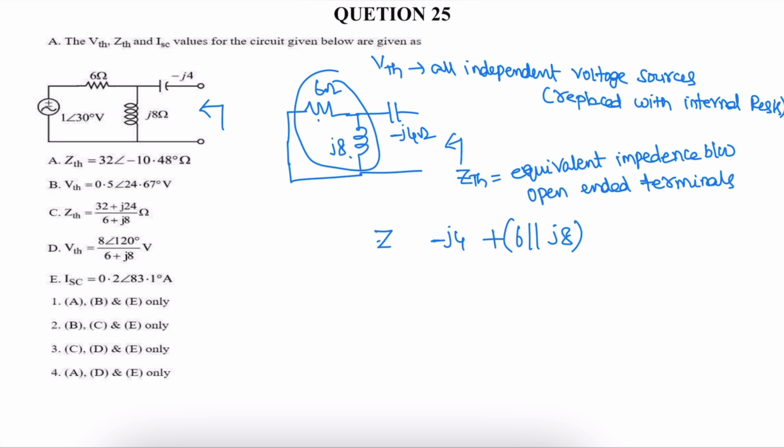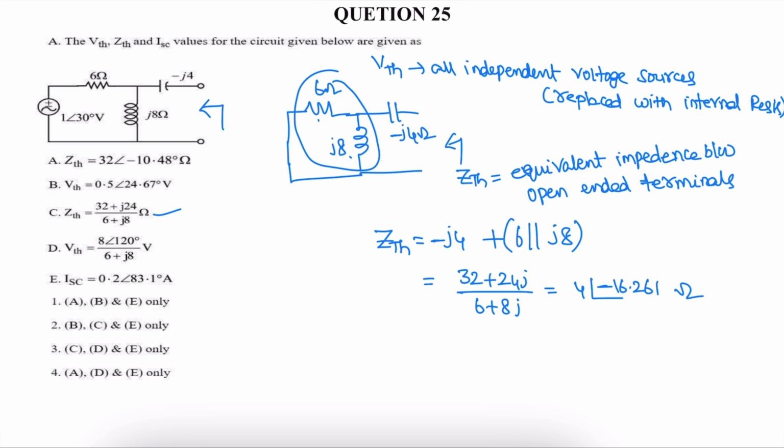This is ZTH. On calculation, its value is (32 plus 24j) by (6 plus 8j), or 4 at an angle of minus 16.261 ohms. So option C is correct.